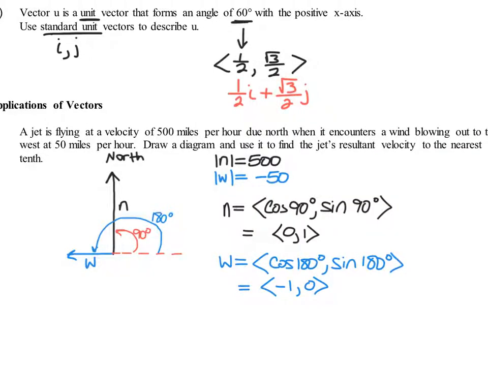So if the magnitude is something other than 1, we're talking about a unit vector here. If the magnitude is something other than 1, what we do is we tuck in whatever the magnitudes are. In this case, for n, it's 500. And then you have to change what you put in for w. W is supposed to be 50 because it's a magnitude. So the direction doesn't matter anymore because it's already accounted for in the vector.